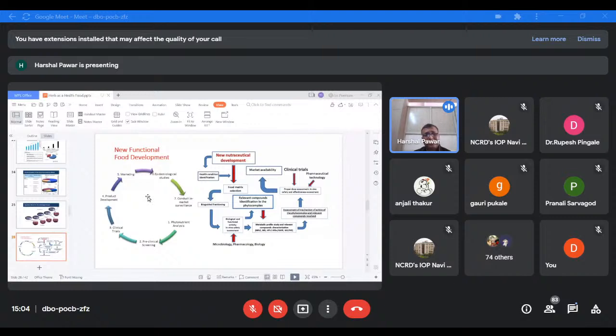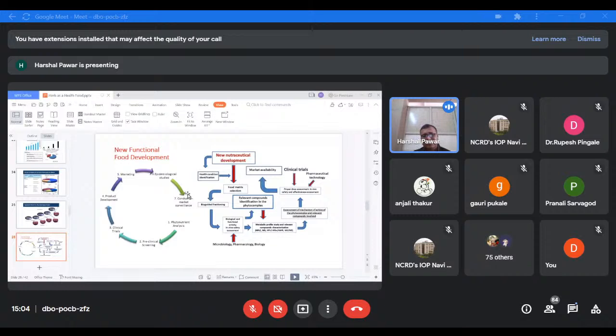So once it reaches the market, the fourth phase of clinical trial starts, which is called post-marketing surveillance, right? And from this post-marketing surveillance also you can get some feedback related to your product, maybe from consumers, maybe from patients, right?